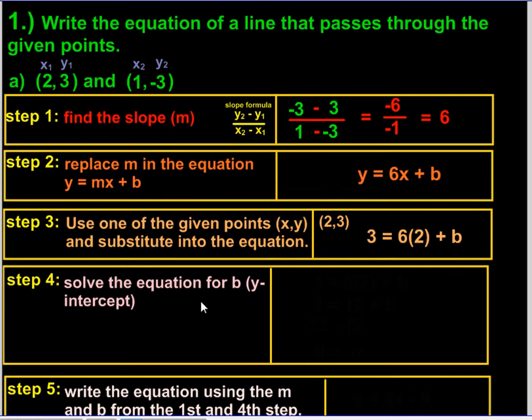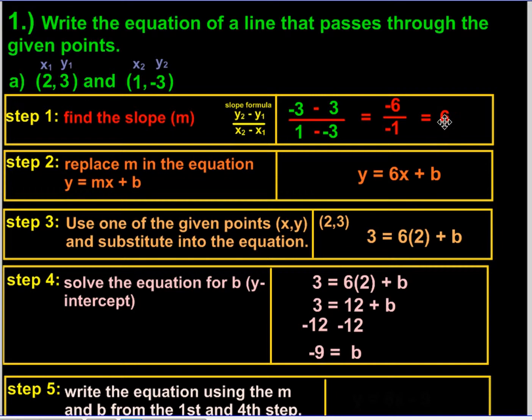And now I'm going to solve the equation for b. So I have 3 equals 12 plus b. I need to get rid of 12 on this side, which means I'm going to do the same thing over here. And when I do that, it leaves me with -9 equals b.